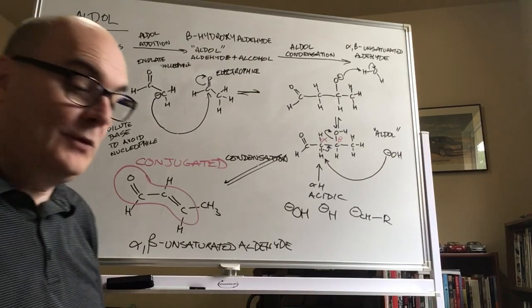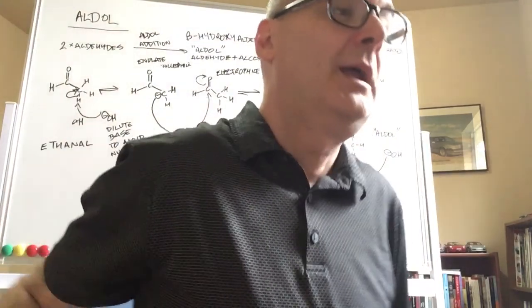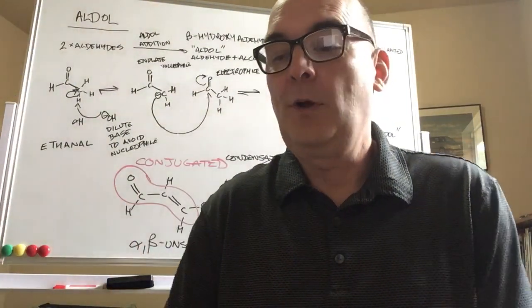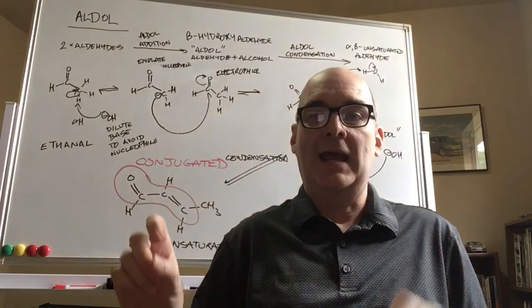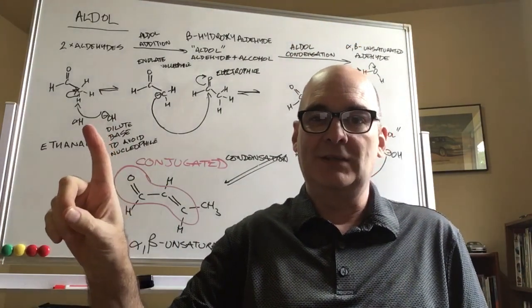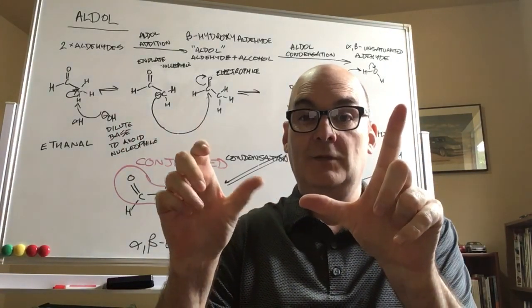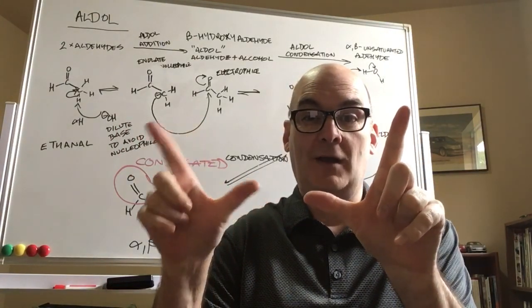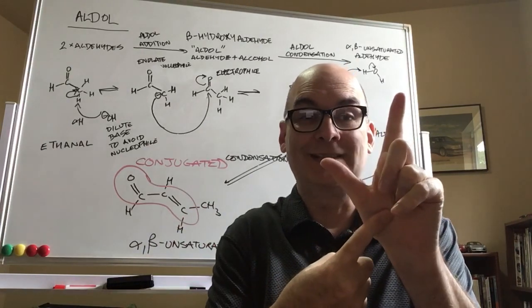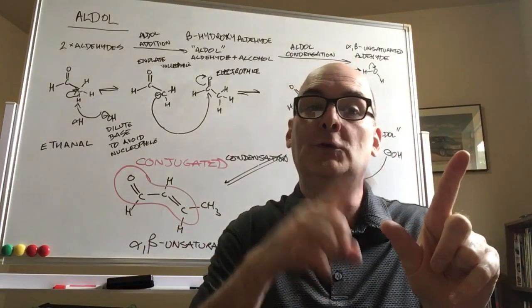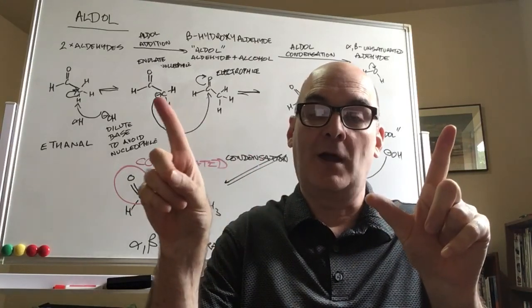The other thing that we can do is make a molecule that has a carbonyl at this end of the chain and a carbonyl at that end of the chain, turn this one into a nucleophile and have it wrap around on itself and close the loop. So I make a nucleophile here.